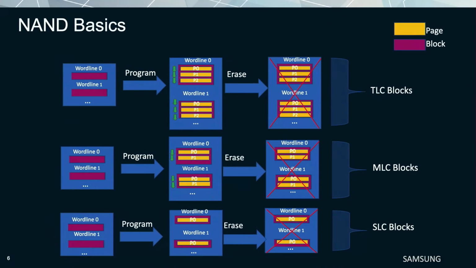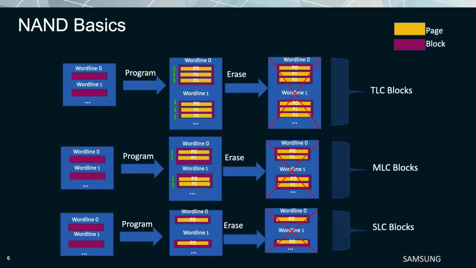Going ahead with the NAND basics, NAND is divided into SLC, MLC, and TLC. As I said, a word line forms the pages. If it is an SLC block, only one page is formed. Program and read operations happen at the page level only, but erase happens at the block level.